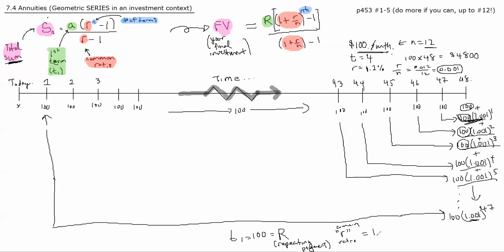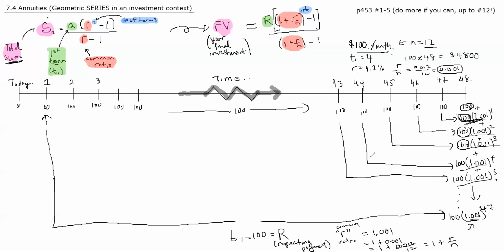It happens to be 1.001. That's what I'm constantly multiplying by in the geometric series, which is 1 plus 0.001, which is 1 plus 0.012, the annual interest rate divided by 12. And that is 1 plus r over n. Right? It's all coming together.